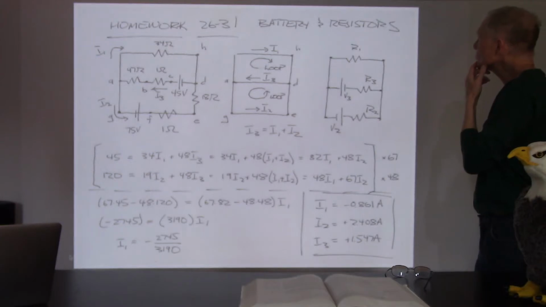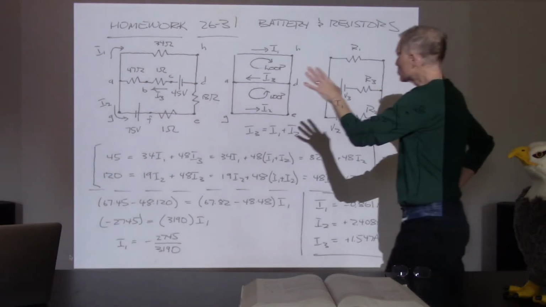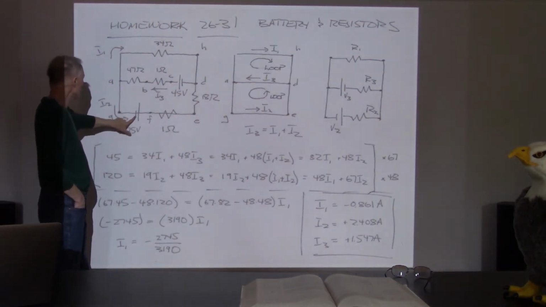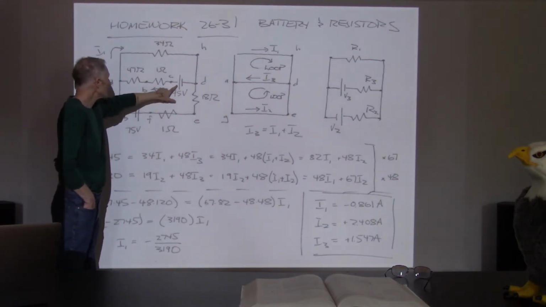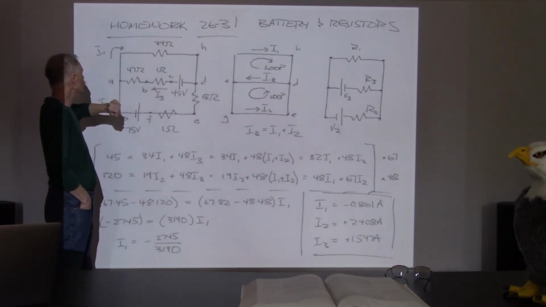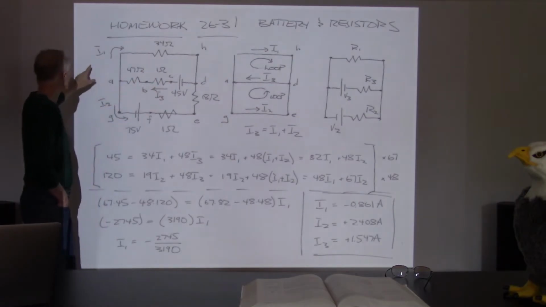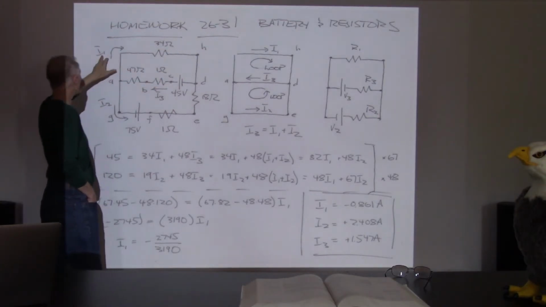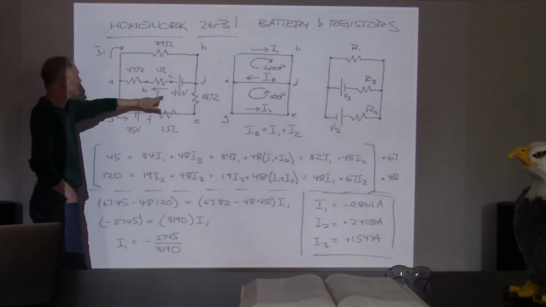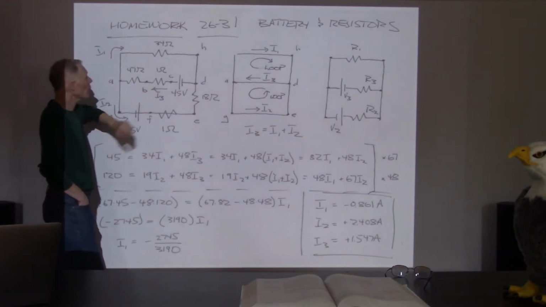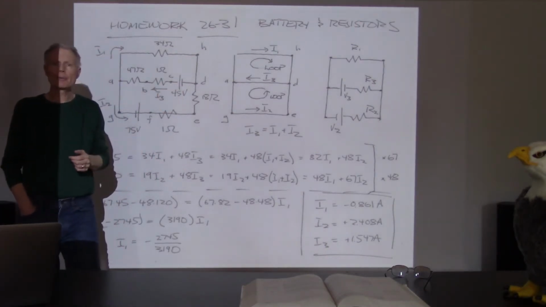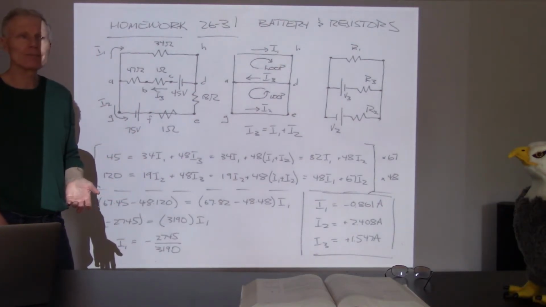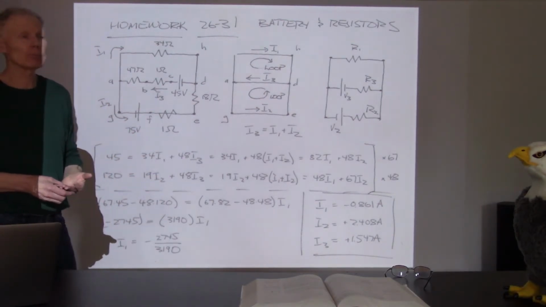Now, this was a circuit that they gave us, and I drew it out. So I have to sort out some stuff here. Here's a battery here. Here's a battery here. They have a certain orientation to them. They've also told us that they're going to define the current going through that branch as I1, current here is I2, current here is I3. So I redraw this. You know, I always end up redrawing these. Once the circuits get to a certain level of complexity, I end up redrawing it, sometimes a couple times.